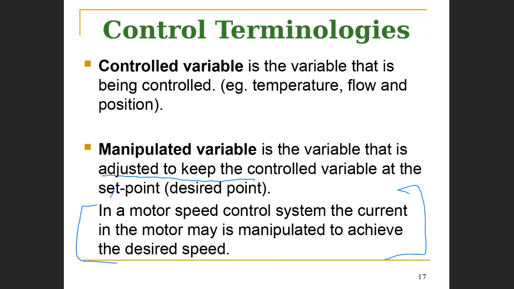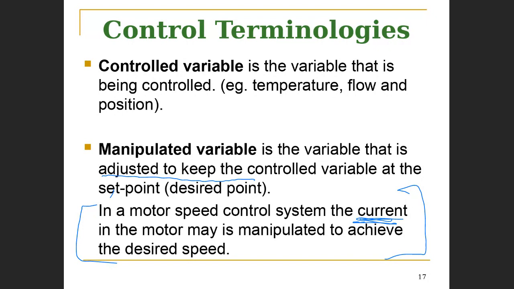In a conveyor belt system, for example, the one I gave earlier in the presentation, if it is motor driven, we could adjust the speed of that belt by manipulating the current in the motor, which by extension would lead to an adjustment in the control variable. All right, so that is an example of a manipulated variable. We manipulate this variable so as to achieve our control objective.